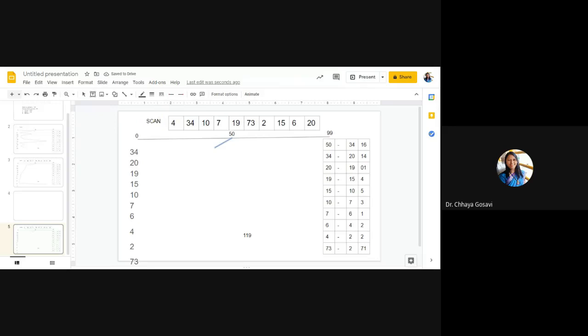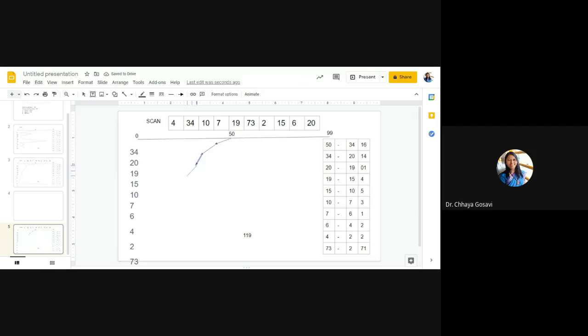Then from 34 it will go to 20 in one direction. So from 50 to 34, then 34 to 20, 20 to 19, 19 to 15.